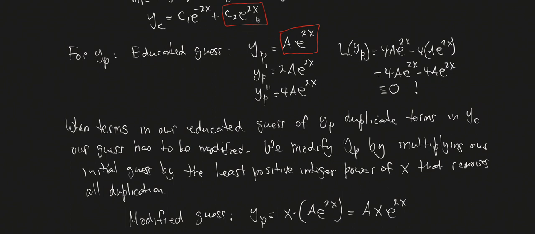I don't have any term like that in the terms of my kernel. So this is good to go. So let's see if now when we go through and find the first and second derivatives, we end up with an expression that allows us to solve for a. The fact that this got annihilated meant there was no way that I could figure out a. Let's see if now this can be solved.